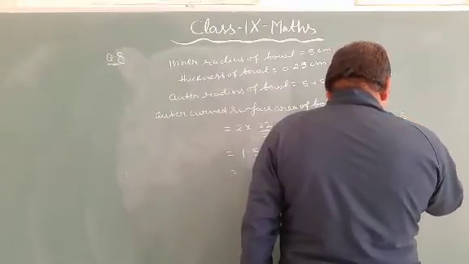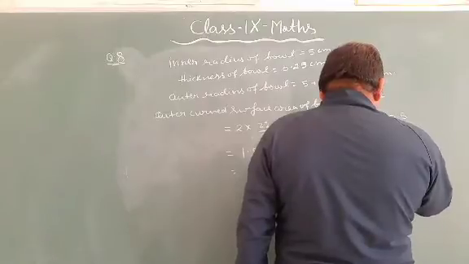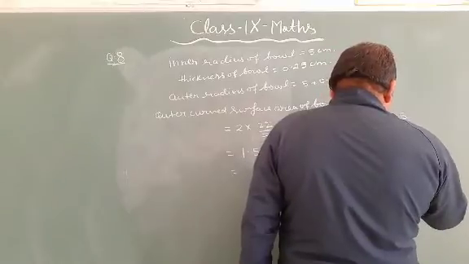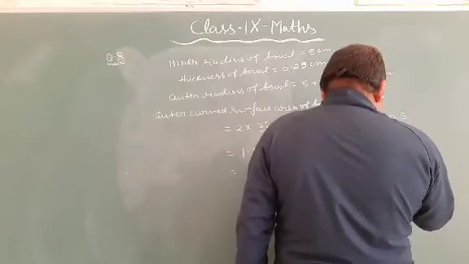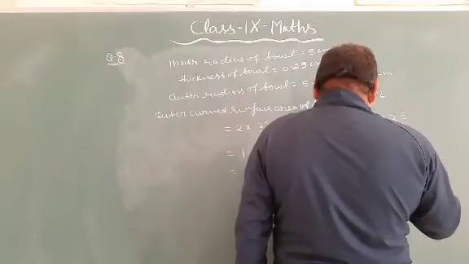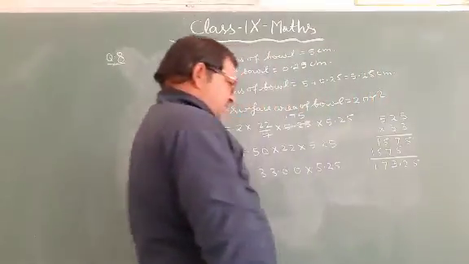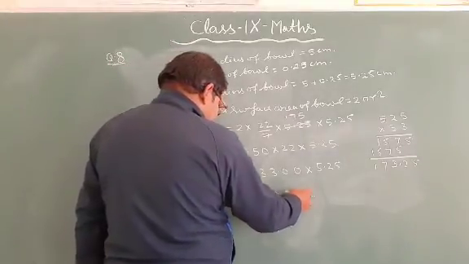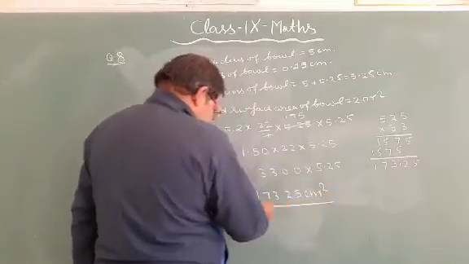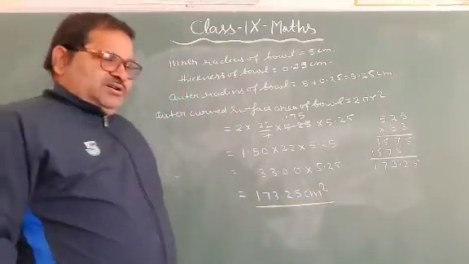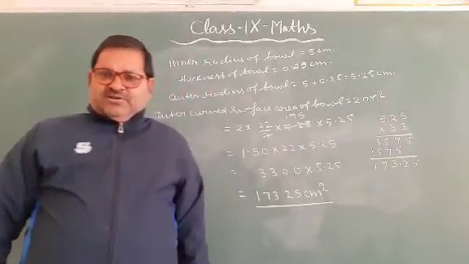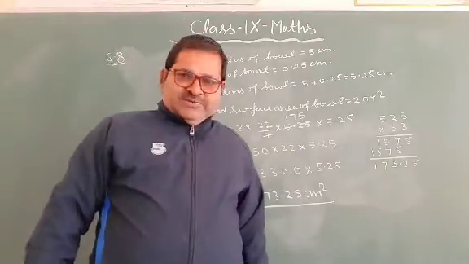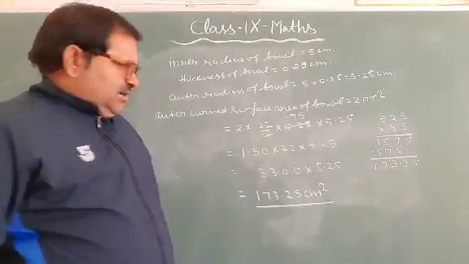So we get 173.25 centimeter square, which is the curved surface area of the hemispherical bowl. Clear? Next.